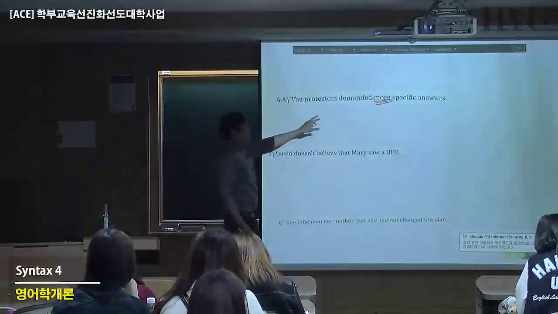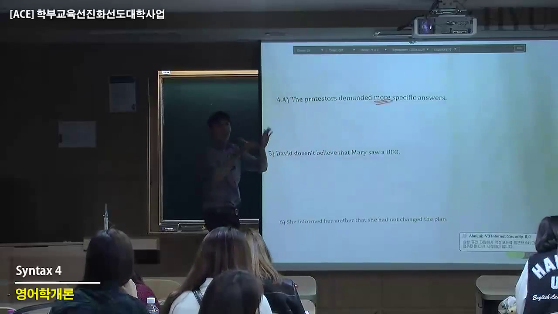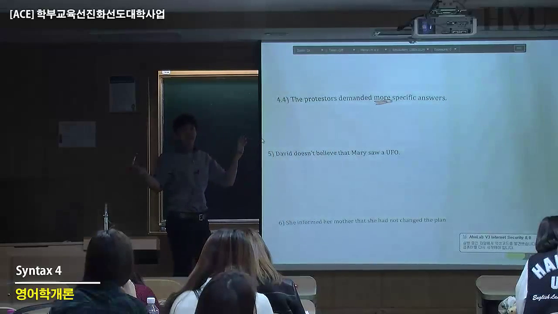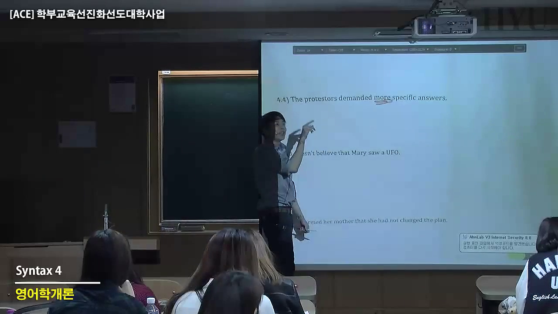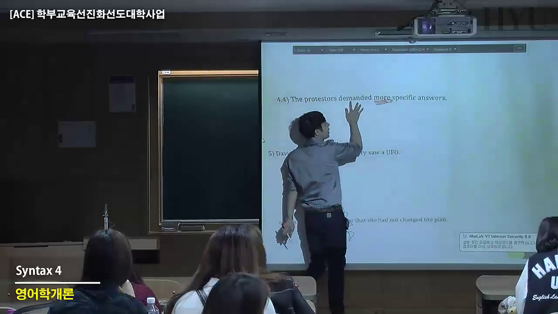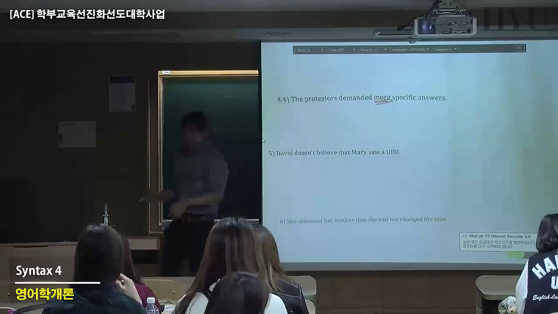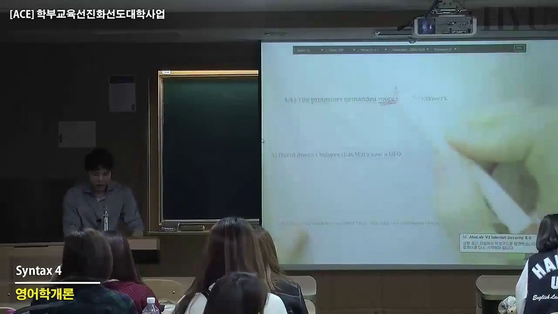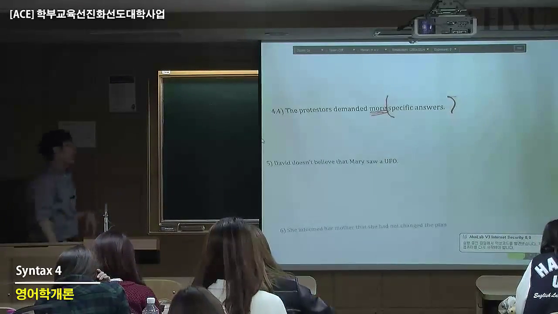More could be a determiner. Can I have more rice, for example? So in one reading, we can say the protesters demanded more specific answers, just like, can I have more rice.